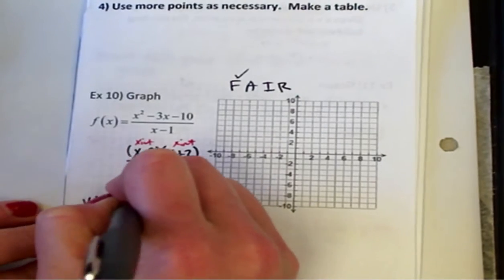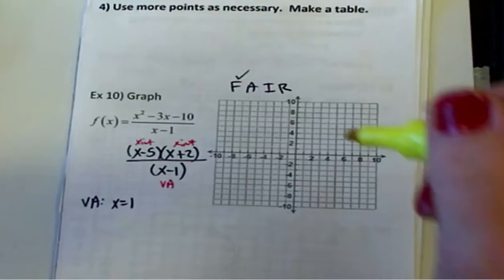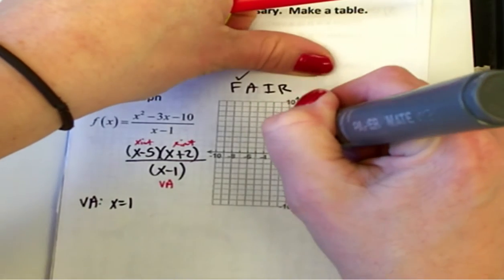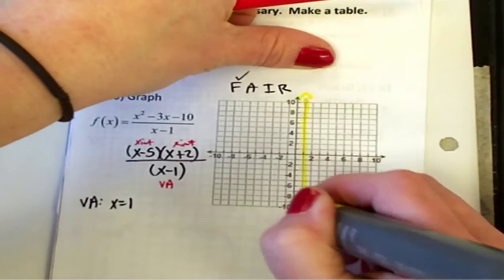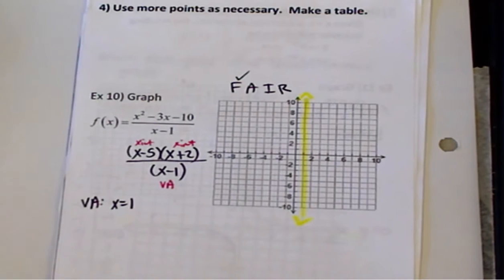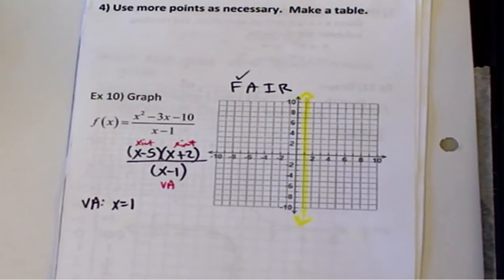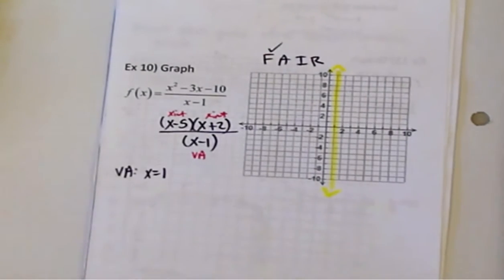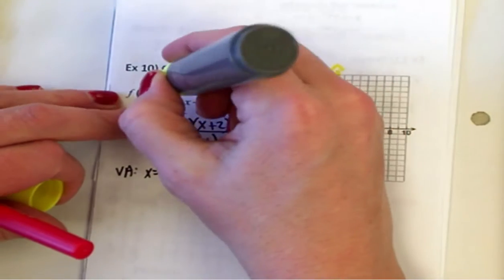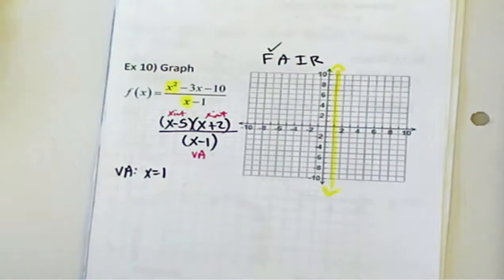My vertical asymptote is x equals 1. So I'm going to put x equals 1 on the graph. Horizontal asymptote. It's top heavy, or the numerator degree is more.